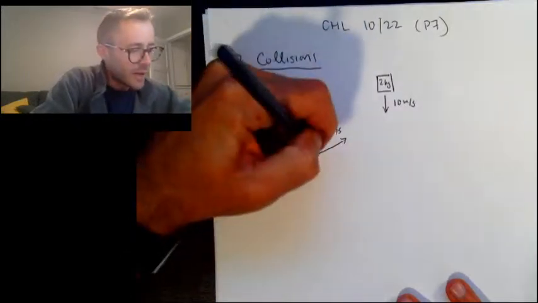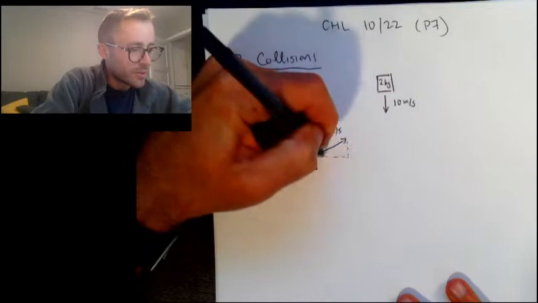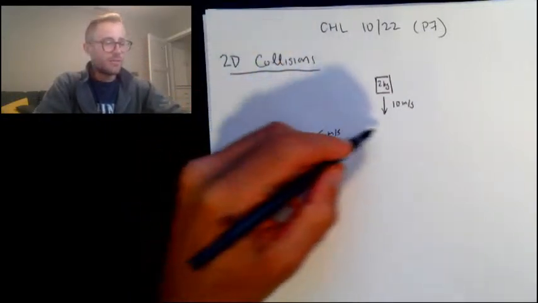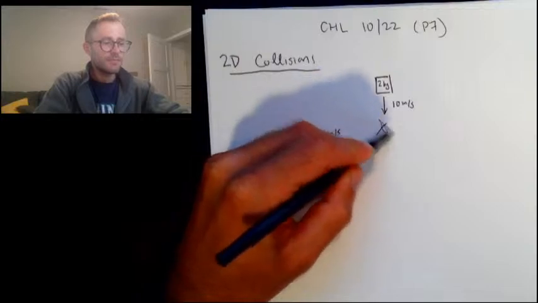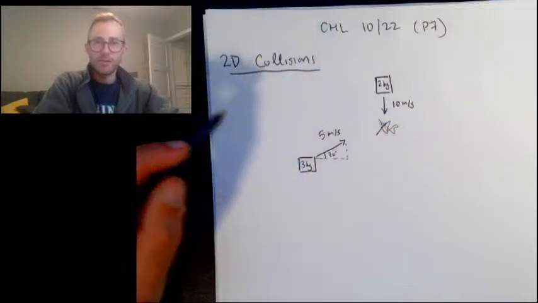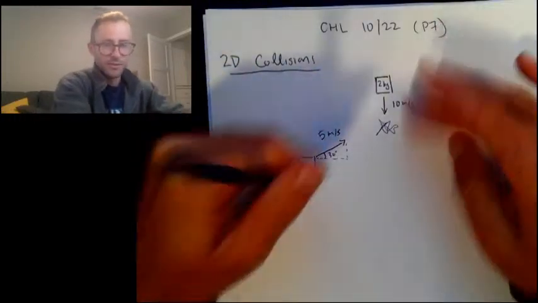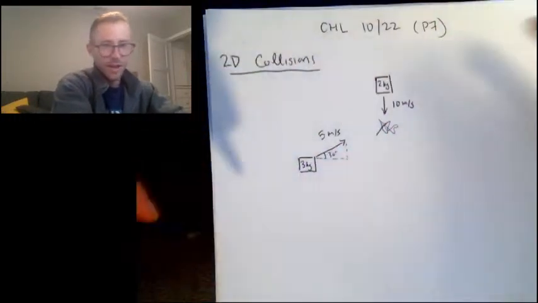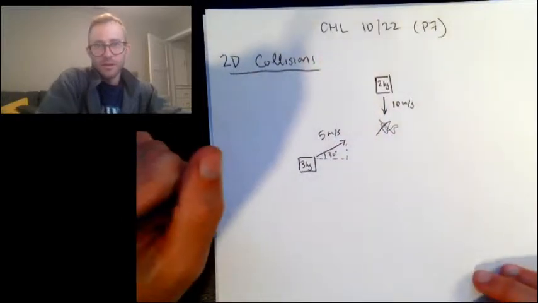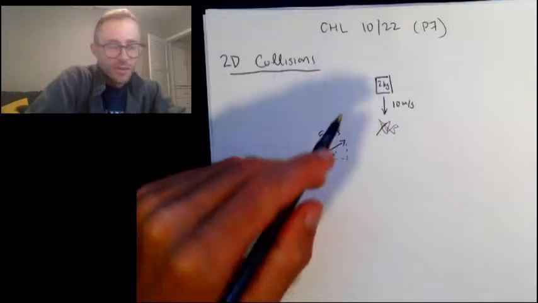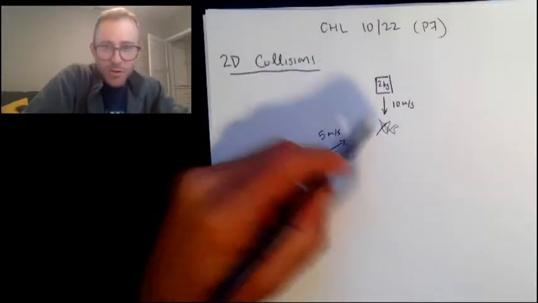Okay? And that angle right there is 30 degrees. So these two are going to collide. They'll have a collision right about there. We're assuming that all the distances are worked out so that they actually have a collision, because as it looks like, this one would probably go down first. So they have a collision right there.